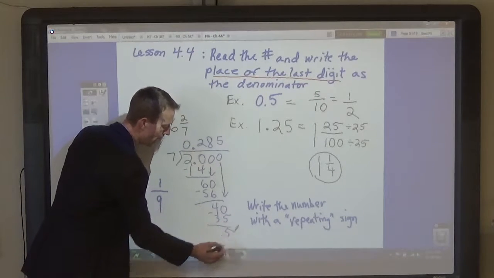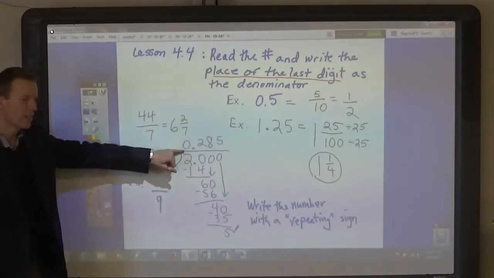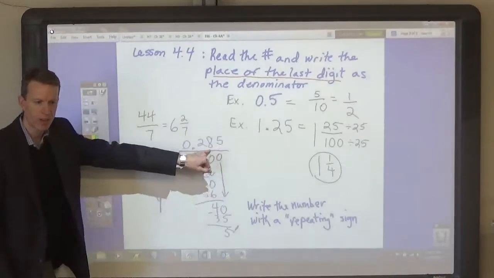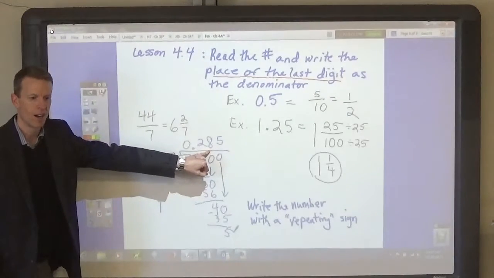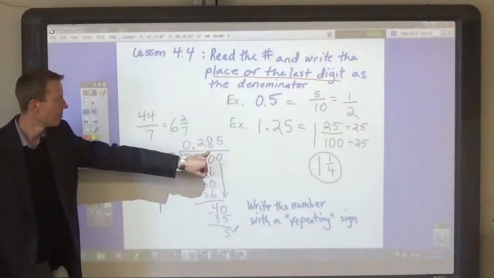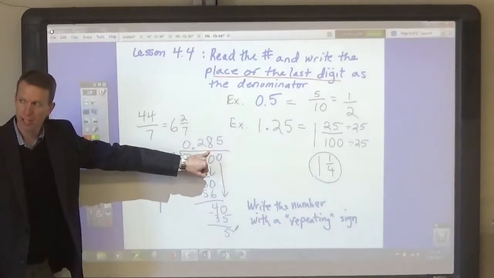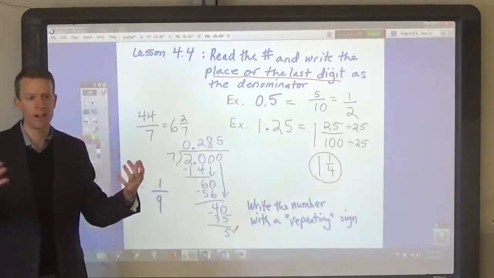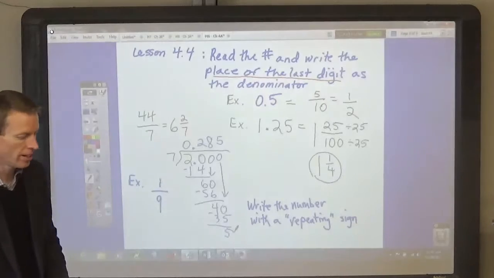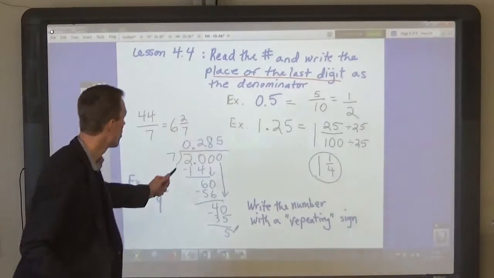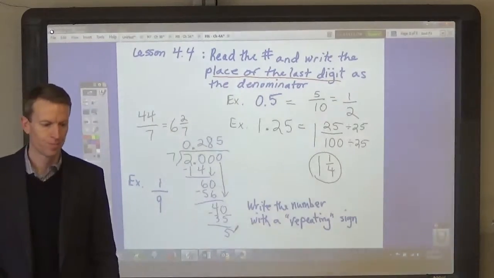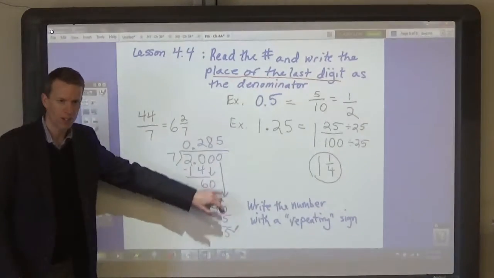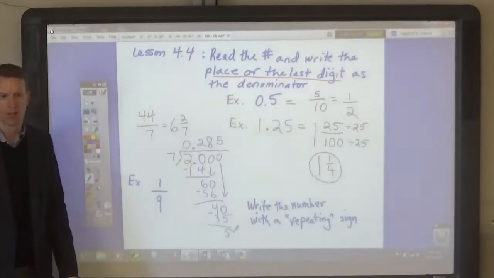Remainder 5. Now, when you are doing this division, if you get 3 places, you can stop, and you can round it to the nearest hundredth. Because some decimals will go on and on and on in a random order. We call those irrational numbers, so you don't have to keep dividing.